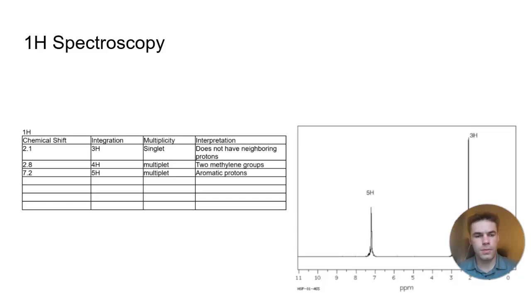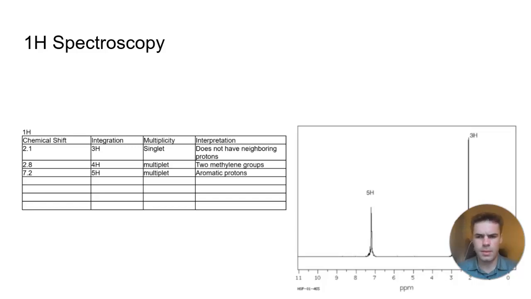And then there's a shift at 2.8 with a 4H integration, and this one was particularly useful for the identification of the compound because I realized that it was going to be two methylene groups.